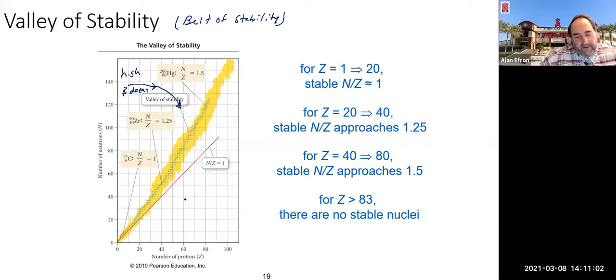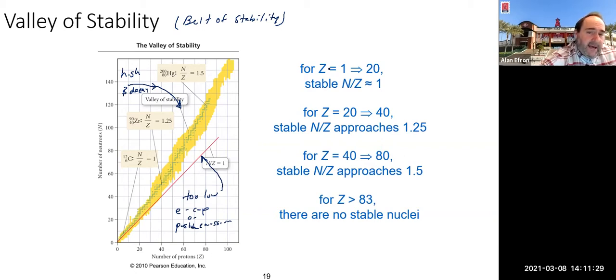While if something is too low, it will go through, like we just talked about, either an electron capture or a positron emission. And what that will do is bring the ratio up towards the valley of stability in that particular case.